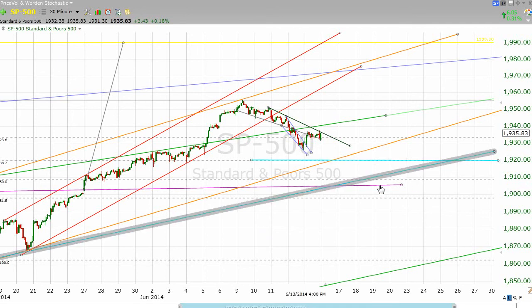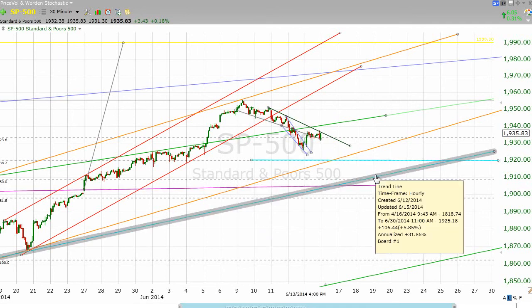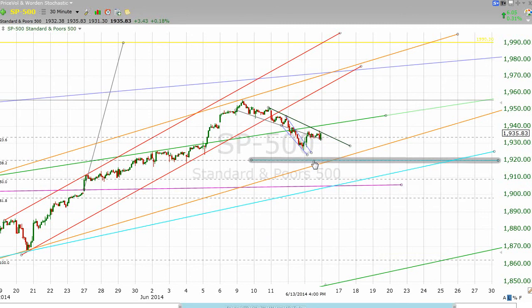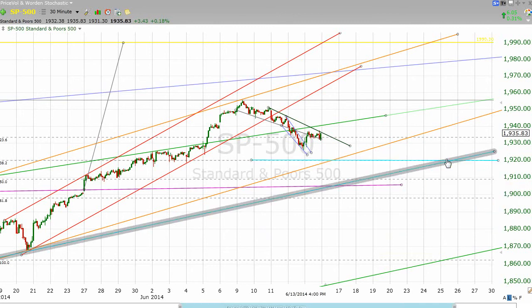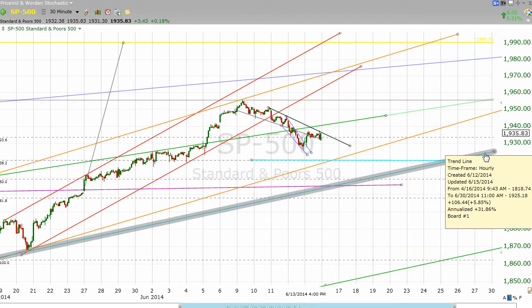So that means if we continue to slide down a little bit, then the buy should come at 1920, or if it keeps going longer and longer and we're really lazy about it, wherever this line might be tagged right here.